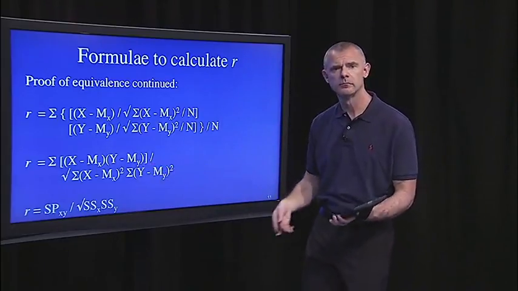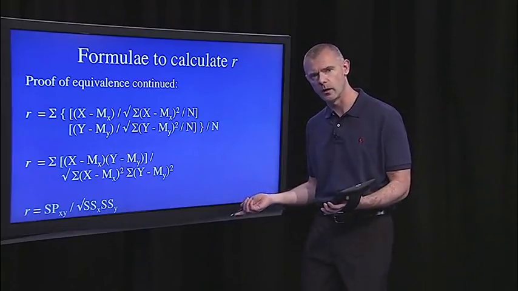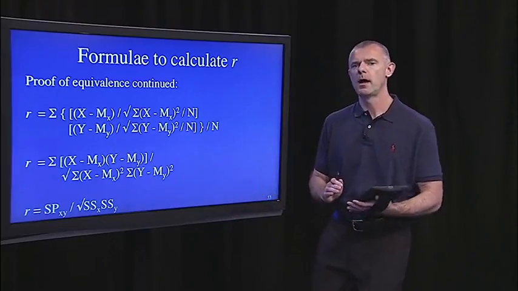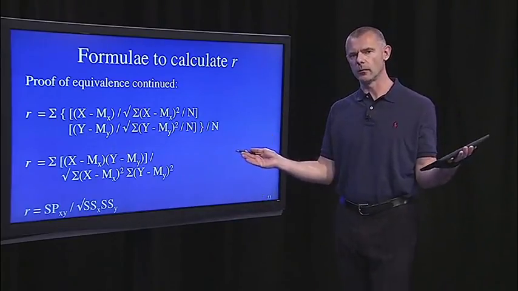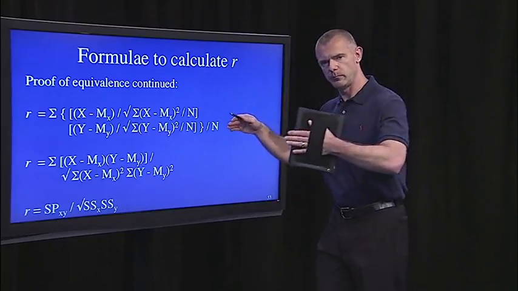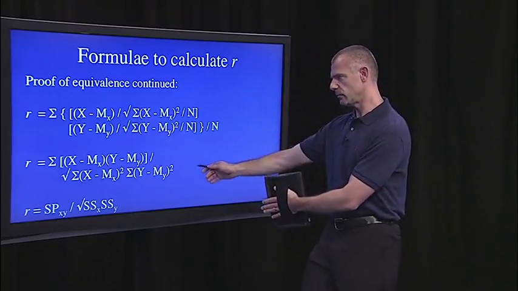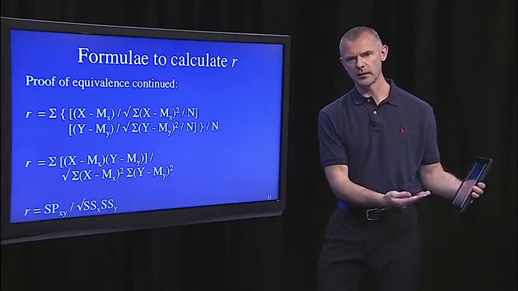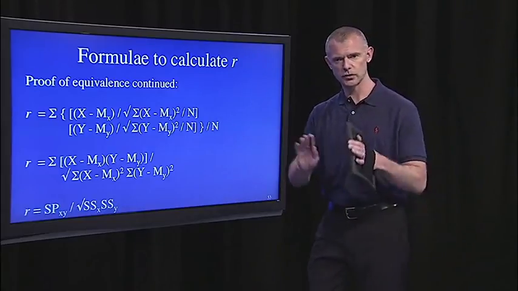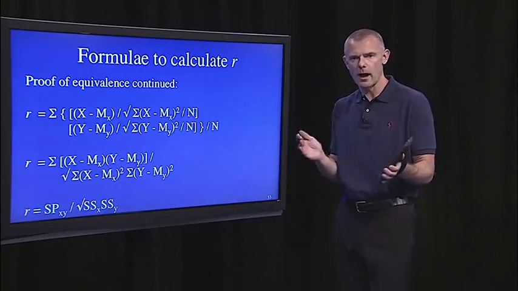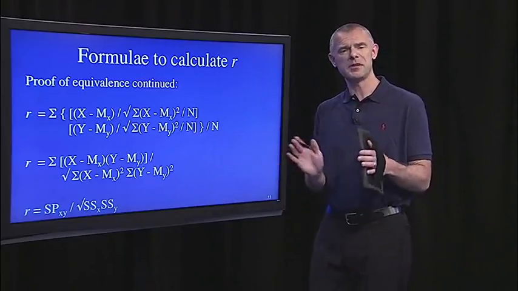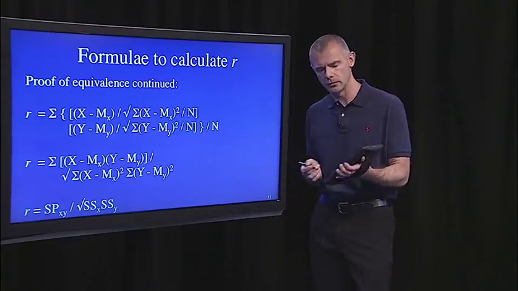What's in the denominator? Sums of squares x and sums of squares y. So by expanding the z-score formula and then using basic algebra to simplify it, we get right back to the raw score formula, just to show that they're equivalent. We could go either way if we were doing these by hand, but again, we won't do them by hand. We'll let R do the work.